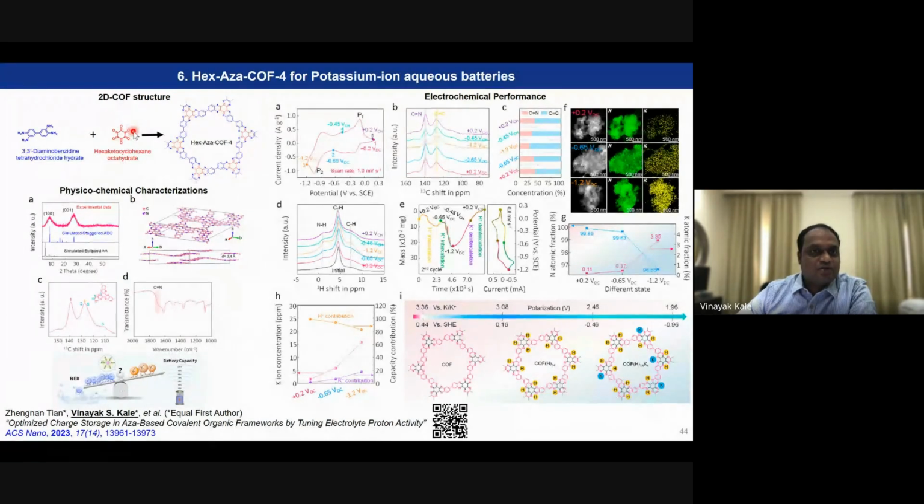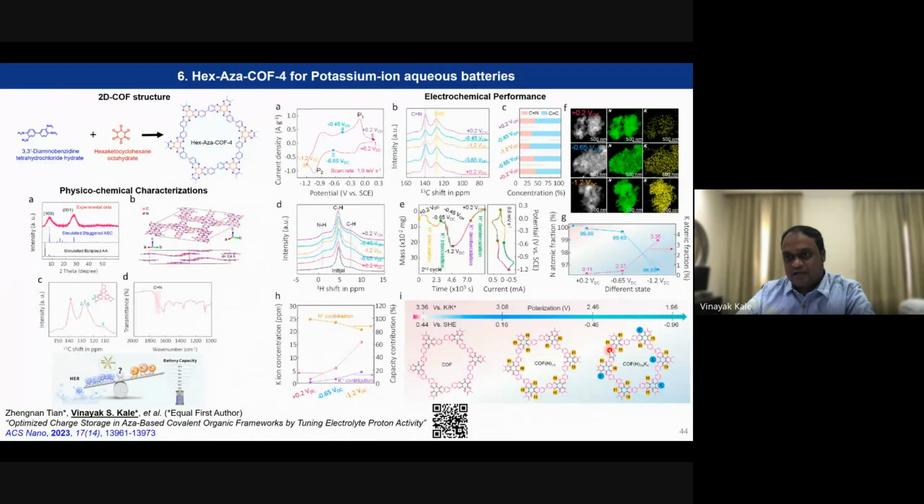So this COF is also very interesting because it has disconjugation, but my idea is to use this disconjugation, which means this is a flexible structure. So what is the effect of this flexible structure on the charge storage or the mechanism? So we demonstrated how the competitive proton and the potassium ion interact with this COF, and we successfully demonstrated with characterization, for example XPS or NMR, and we proved that the charge storage happens with these redox active sites.